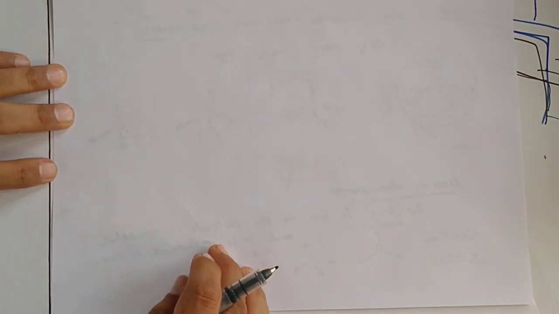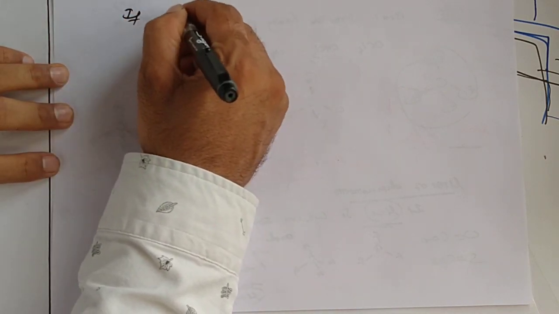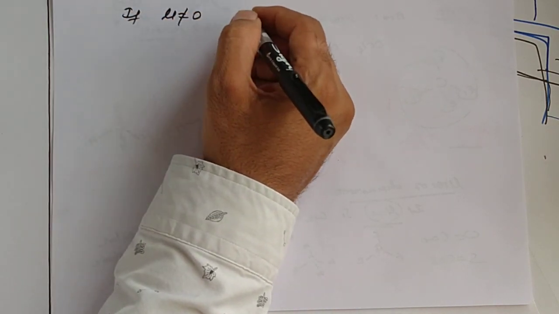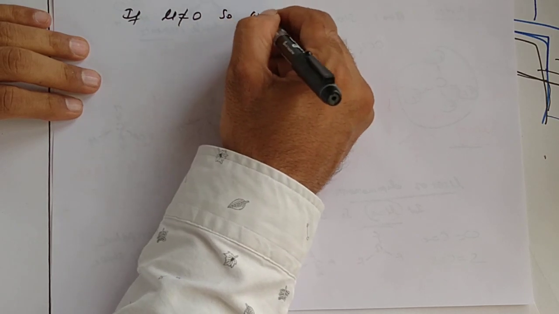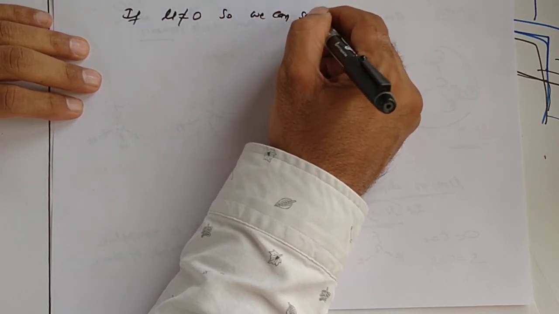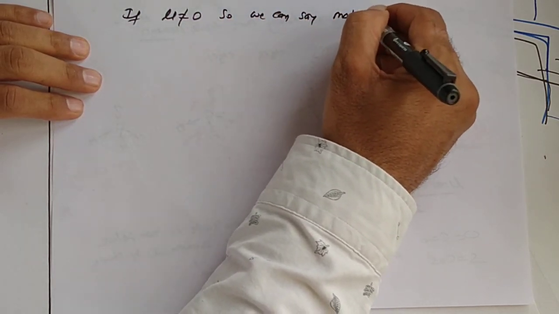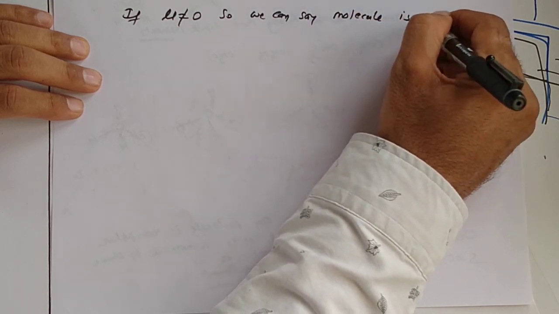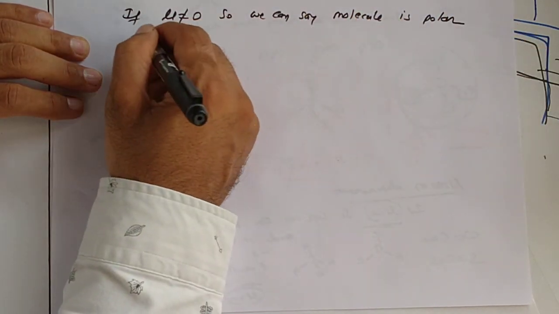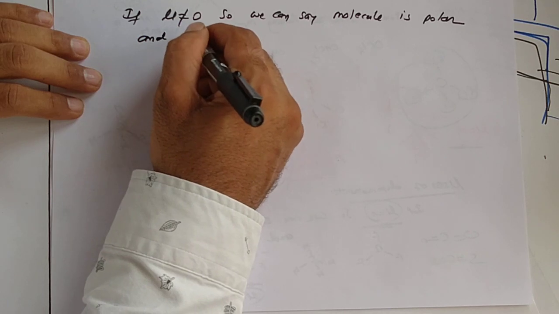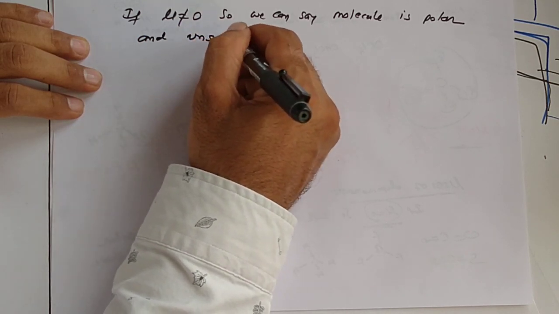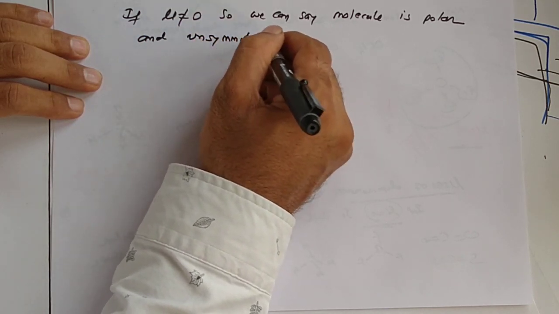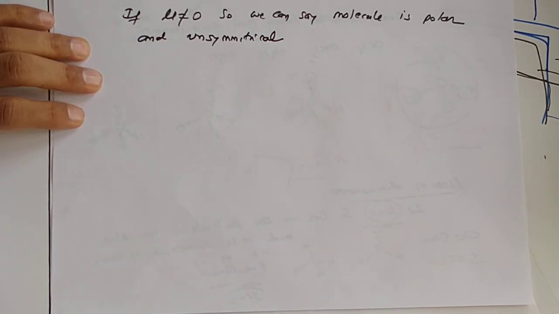If mu is not equal to 0, we can say the molecule is polar and unsymmetrical. Understood?